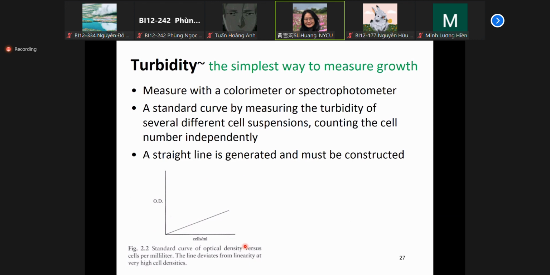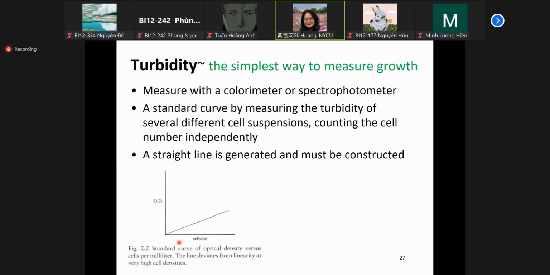Okay, so you need to have a standard curve for the individual bacteria, as different cells have different sizes and therefore have different transmission effects on the light. So what you should do is have cell numbers versus the optical density from the spectrophotometer.